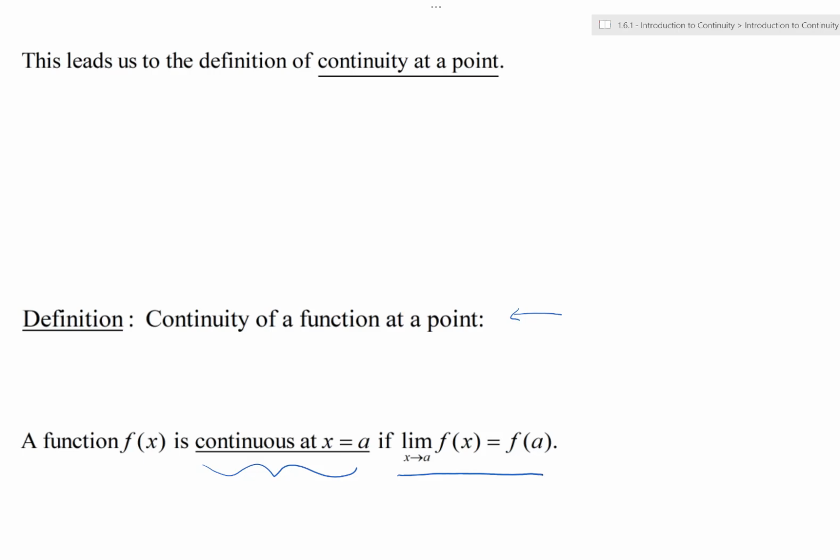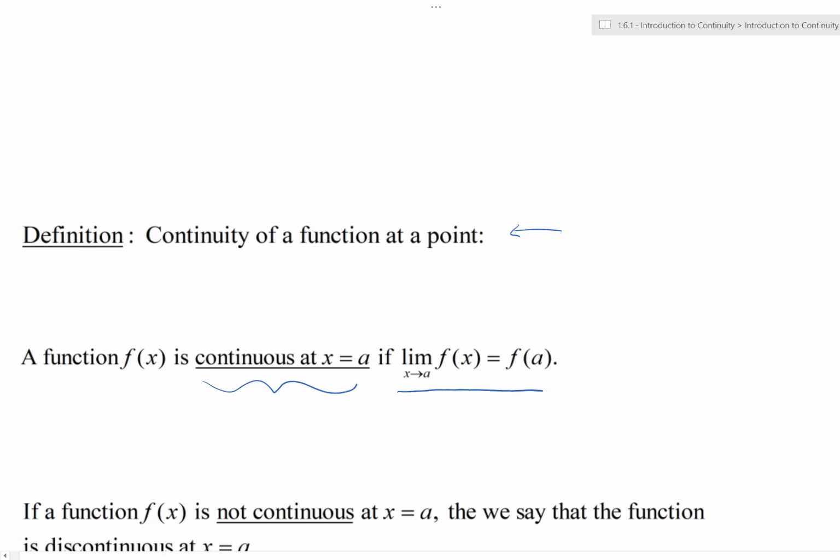Those two quantities are the same, we say the function is continuous at the location x is equal to a. In our previous example, when we looked at y is equal to x squared, that was true if a was equal to 0 at that particular location.